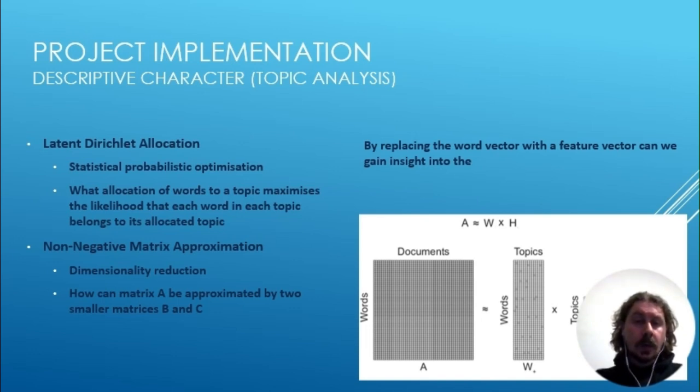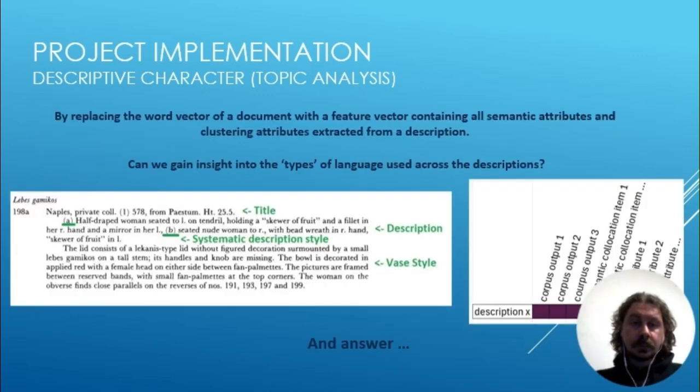The two options for that, which work pretty much similarly, are latent Dirichlet allocation and non-negative matrix factorization. Both will take a vector, which represents each description or document, and then break that down into a list of topics, which have a high probability of containing a list of words or semantic features which we've extracted.